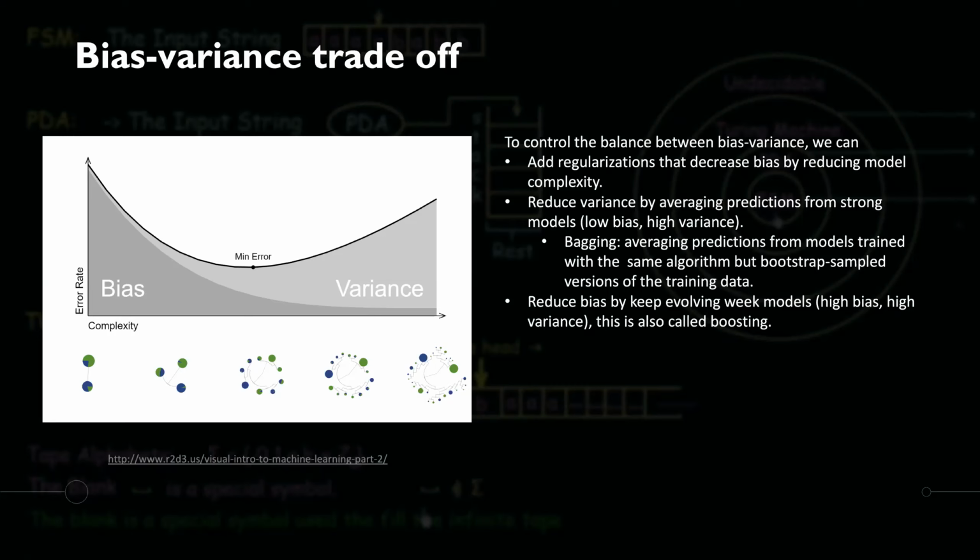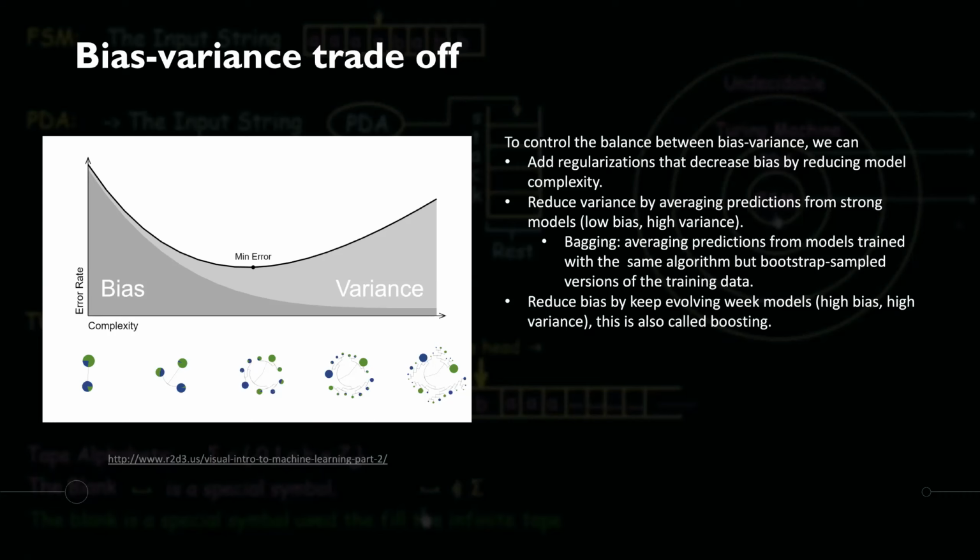But by averaging the predictions, we can effectively decrease the variance. This is a very effective way to reduce the variance but retain the same level of bias.